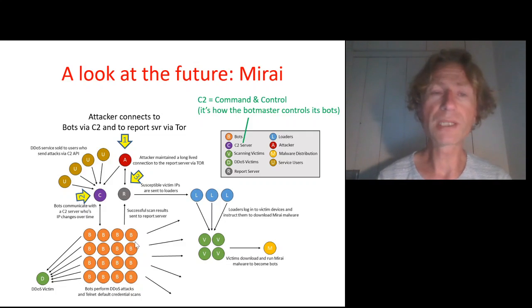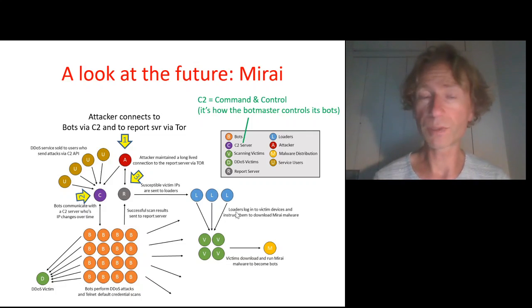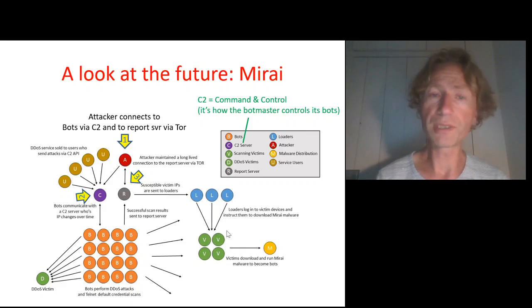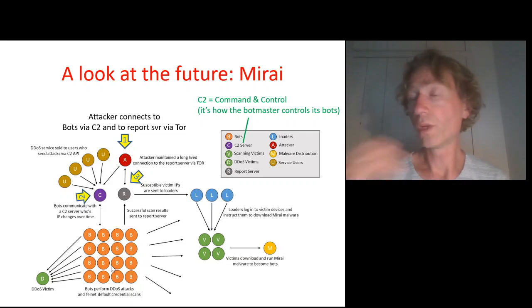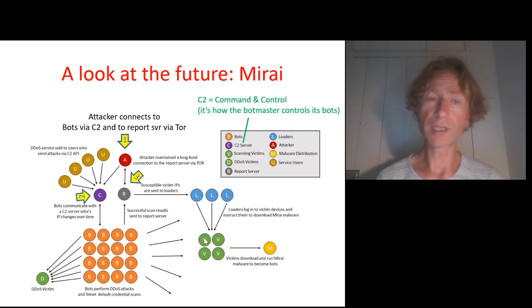Anyway, so it gives you a report on which machines might be possible victims, and then we log into these devices to infect them. So there are loaders that log into these devices to instruct them to download the Mirai malware, and then you become a bot also, and you're under control of this command and control server, hence the attacker, and you're participating in denial of service attacks.